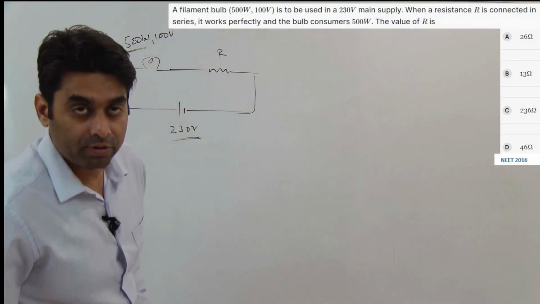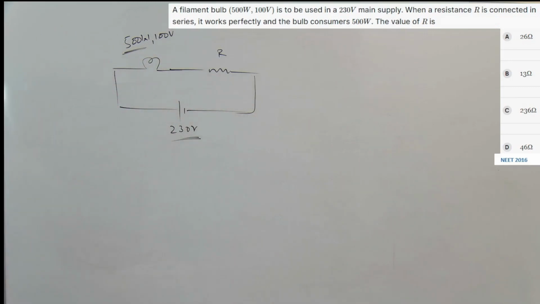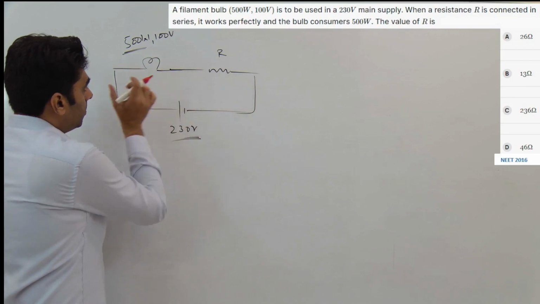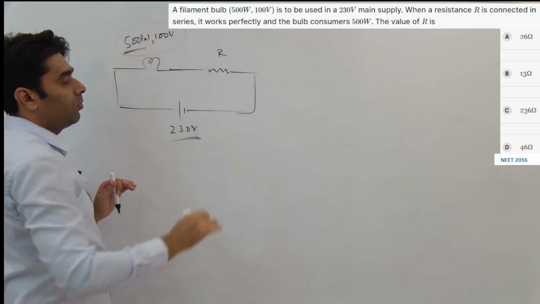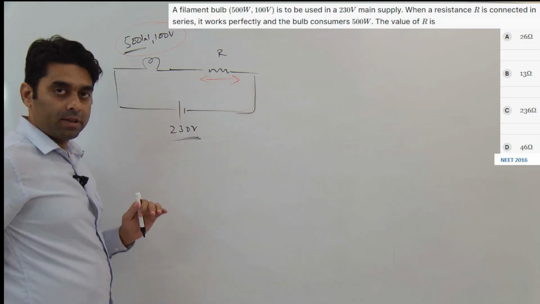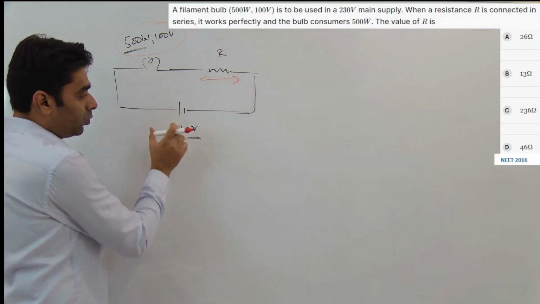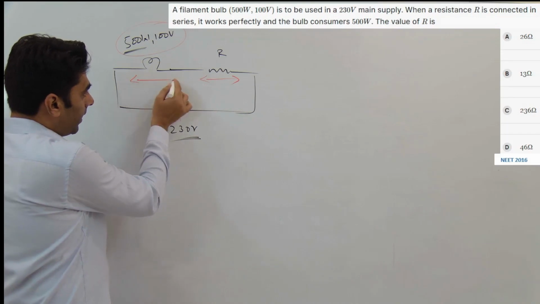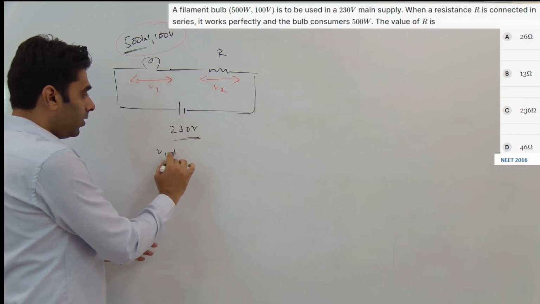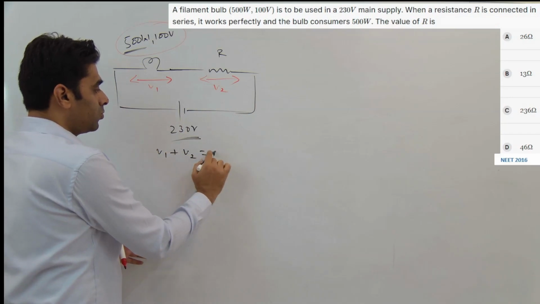Now, interesting question. See carefully over here. Because the rating of the bulb is 500 watt, 100 volt, but it is connected in series with a resistance, the potential difference, this 230 volt, will get divided over here, V1 and V2. V1 plus V2 will be equal to V, which is 230 volt.